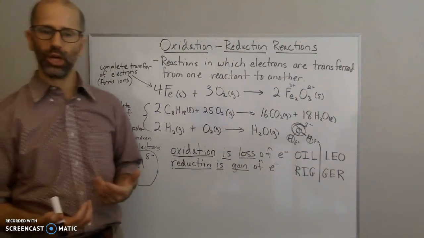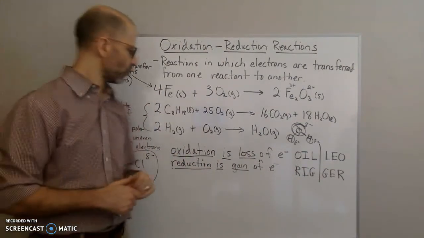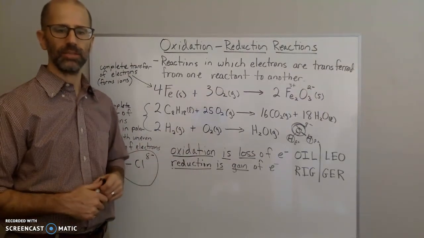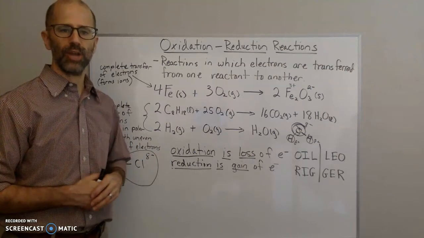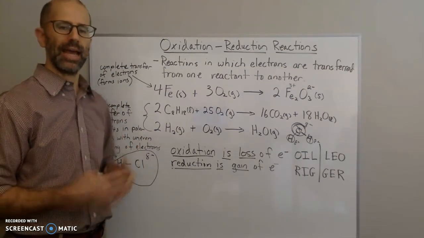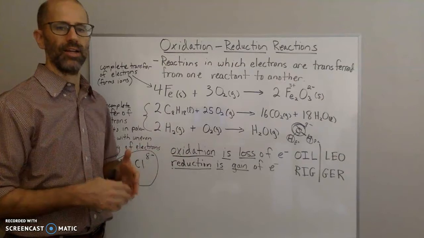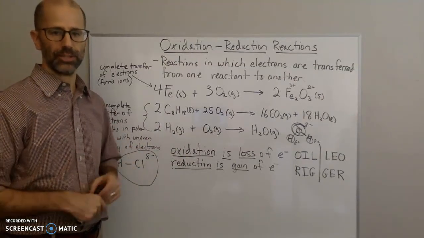So LEO goes GER, OIL RIG, either one works. This is a nice way to remember what oxidation and reduction is. I hope this was helpful. In my next video, I will be talking about oxidation states and how you can use the oxidation states to figure out whether or not you have a reduction or an oxidation or redox reaction.